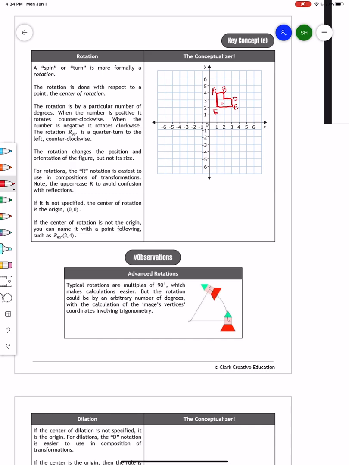I chose a pretty simple shape, but a lot of points. When you are rotating, if you were going this way, that is clockwise. If you were going this way, that is counterclockwise. Okay, so just keep that in mind.